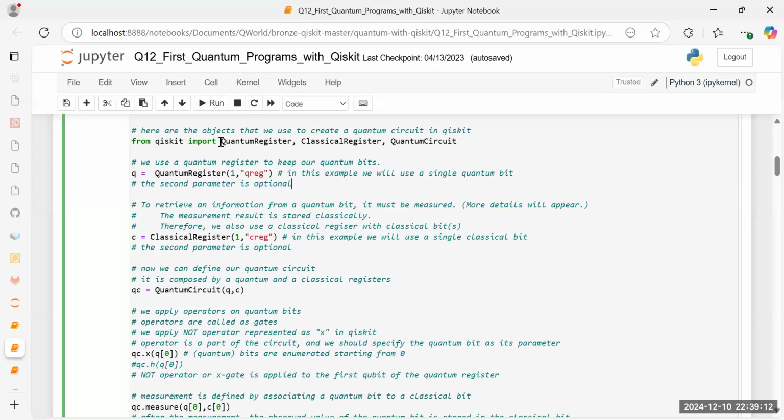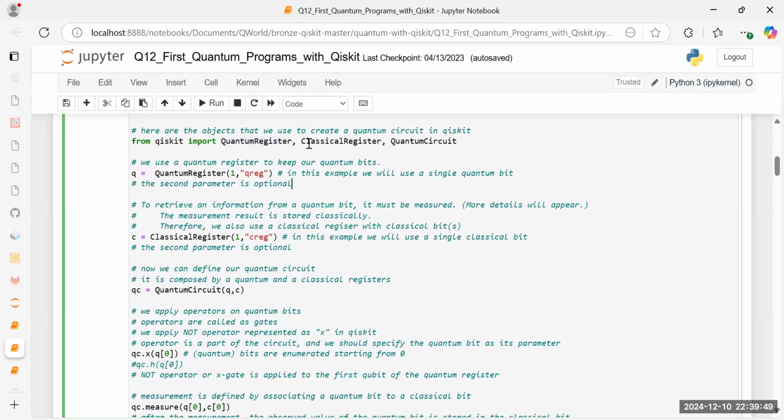From our Qiskit library, we can import a quantum register, which is just our quantum memory, or the memory where we store quantum states. And we also have a classical register here where we store bits.